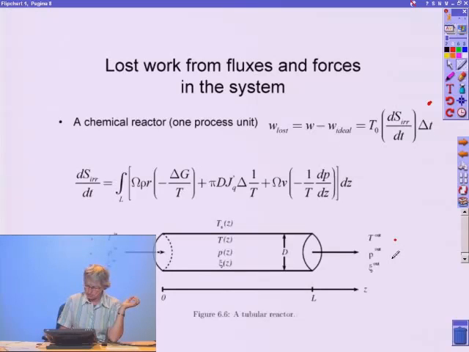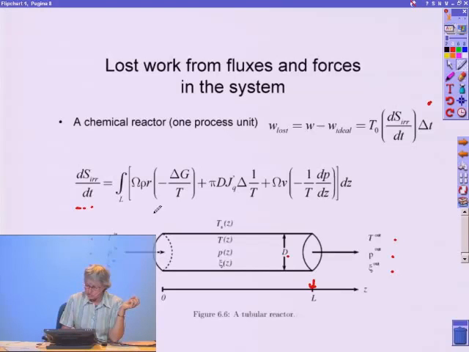The reactor has a length L here and a diameter D. So could I link the entropy production to what is happening inside? That would be an advantage, because then maybe I could control that later. Yes, I can, because we have seen that I get the total entropy production by integrating over the local entropy production. In this case, the transport coordinate is the z coordinate.